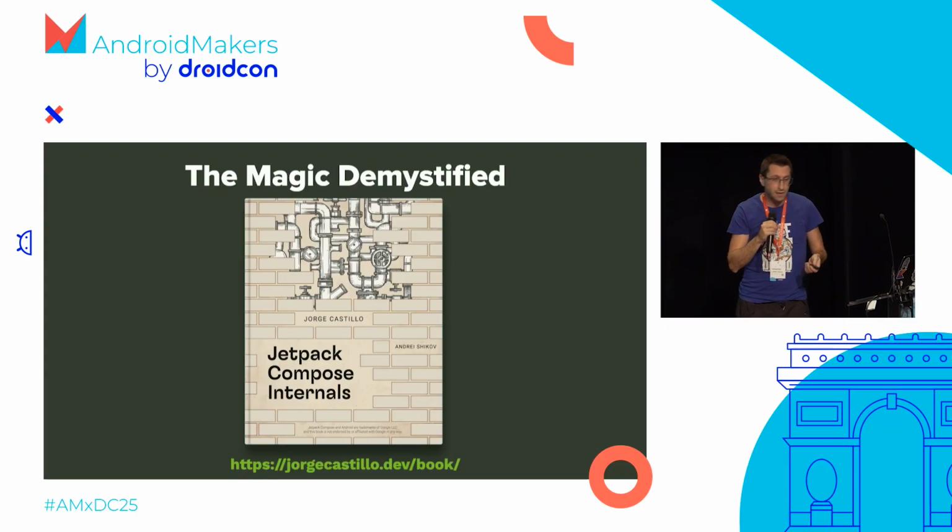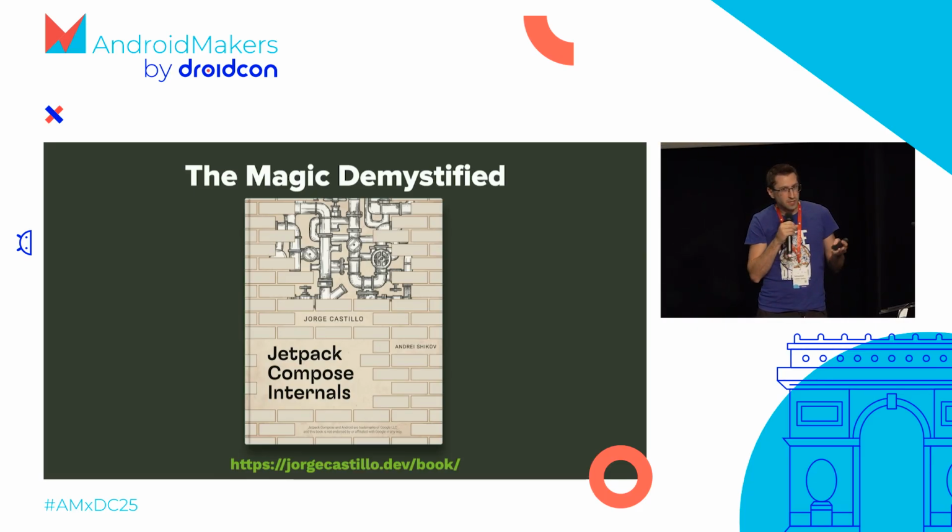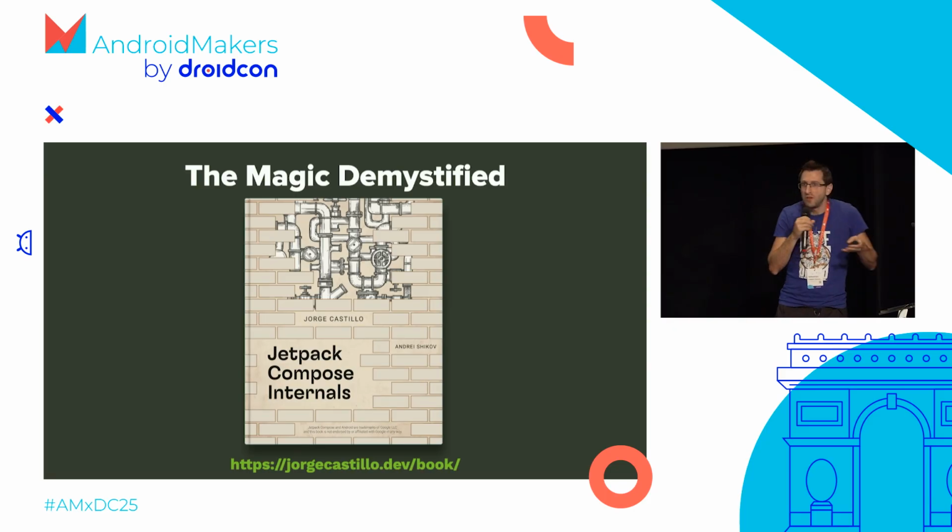And it's a really good one. I'm really thankful because with that book, I could understand a lot of the magic that goes on internally in Compose and how the compiler works behind the curtains. So it's really good. But full disclaimer, I still think it's very complex. It's just not magic anymore for me.